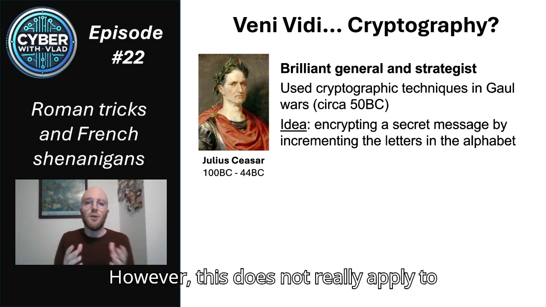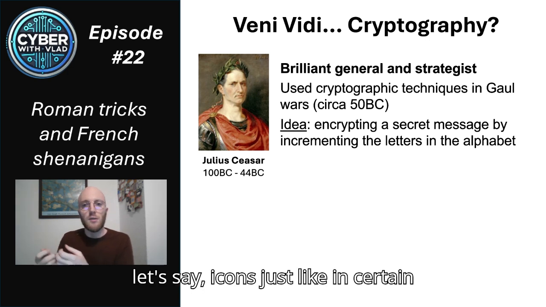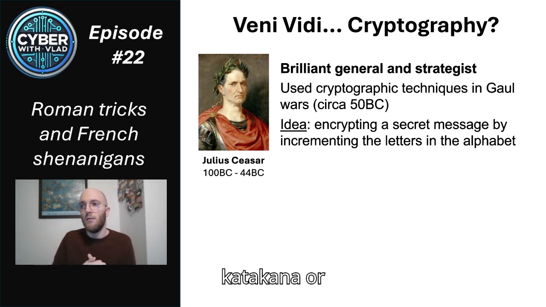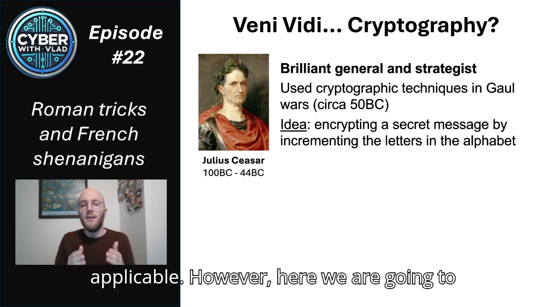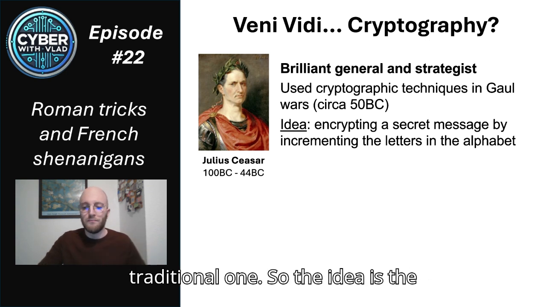However, this does not really apply to phonemes or icons, as in certain Asian languages. If you are using katakana or pictograms, it's not really going to be applicable. Here we are going to consider just the traditional Latin alphabet.